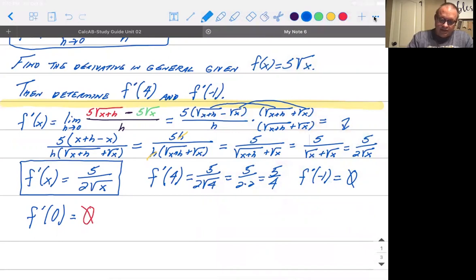Well, let's kind of explore the why. It kind of happens with the graph. So this is the graph. It's kind of what the graph of 5 square root of x looks like. It starts at 0. So now we're dealing with a limit process that's two-sided. So yes, there could be a derivative from this side, but there's not a second side.